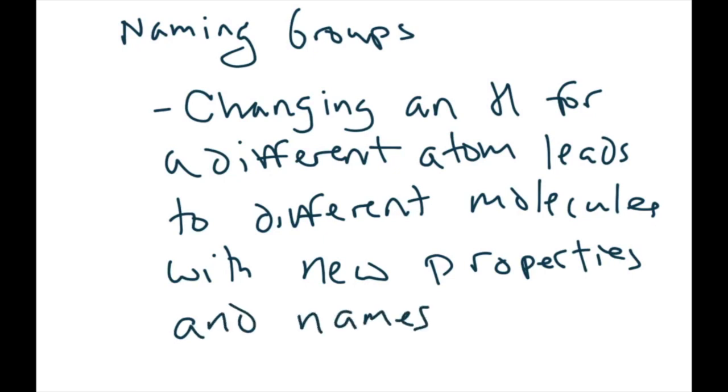All right, so I'm going to do 3 first, and then we'll do some more. So let's say we have this. Real quick, how many carbons are in this molecule? 4. 1, 2, 3, 4.